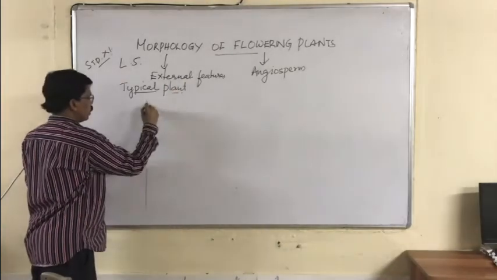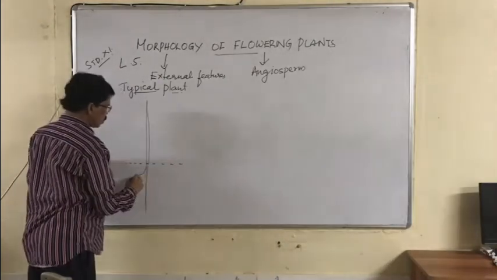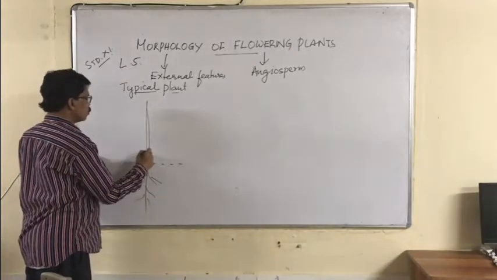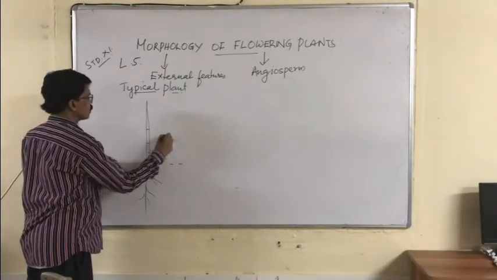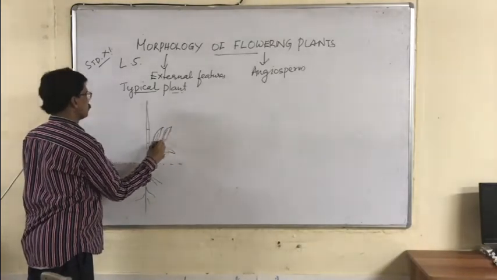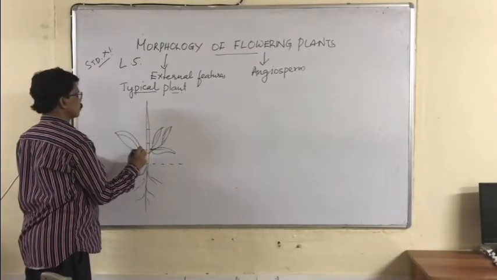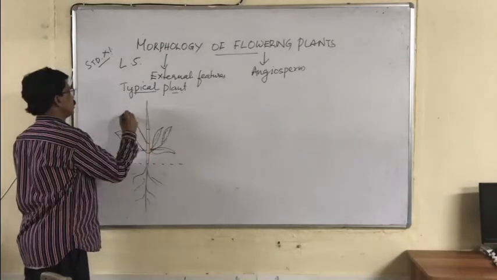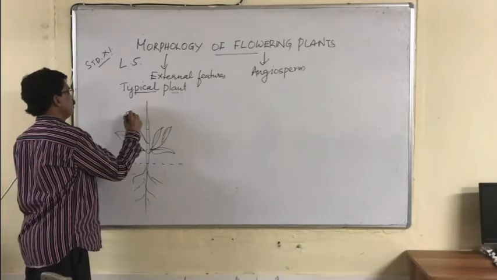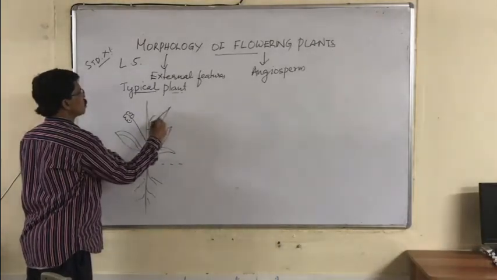If I draw a typical angiosperm plant, first one is the root system, then the shoot system with the branches, then leaves, then flower, and then fruits.